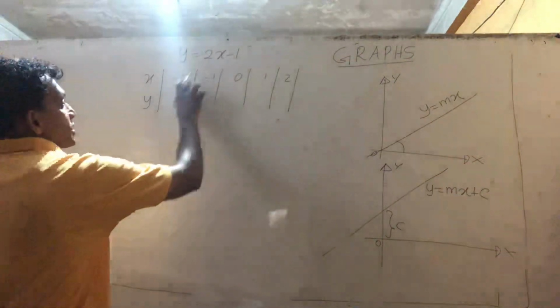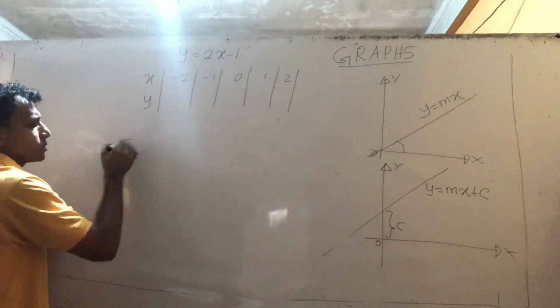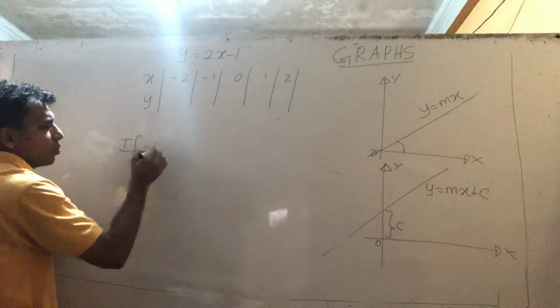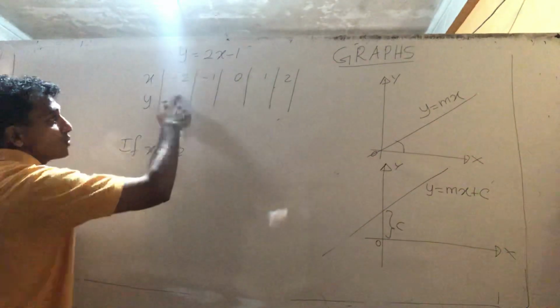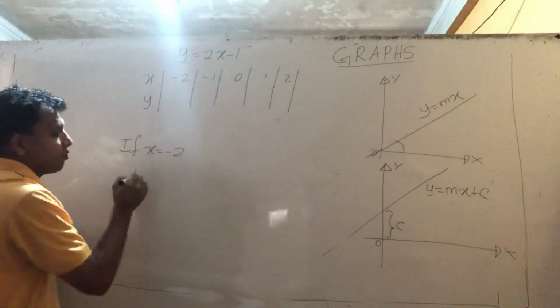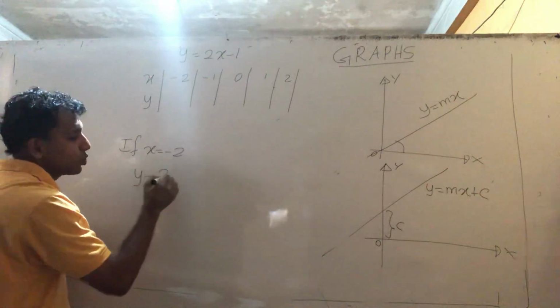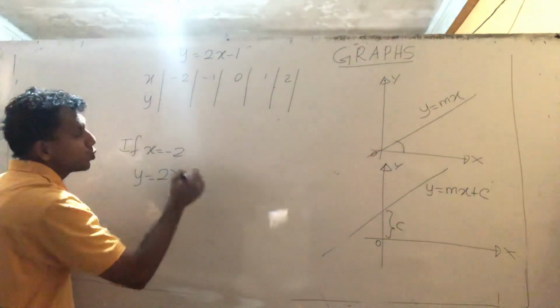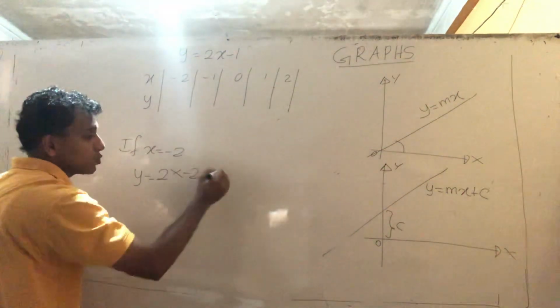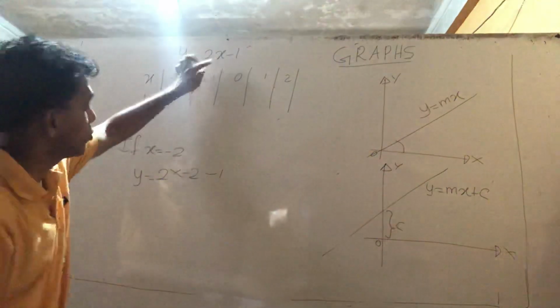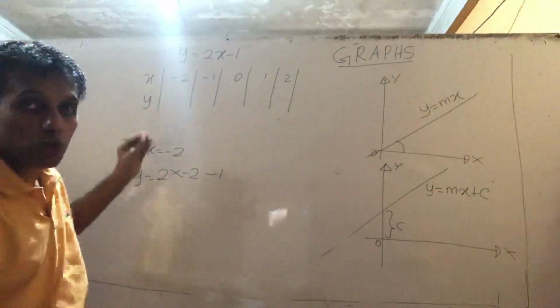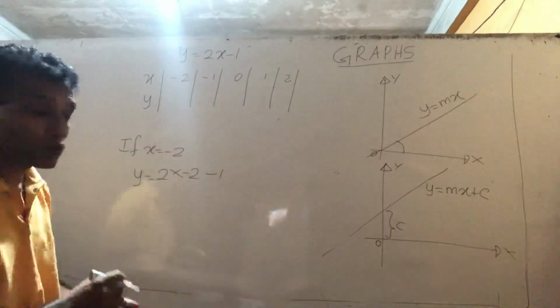For example, if x equal minus 2, what is the y value here? y equal 2 times minus 2 minus 1. Substitute, put x as minus 2.